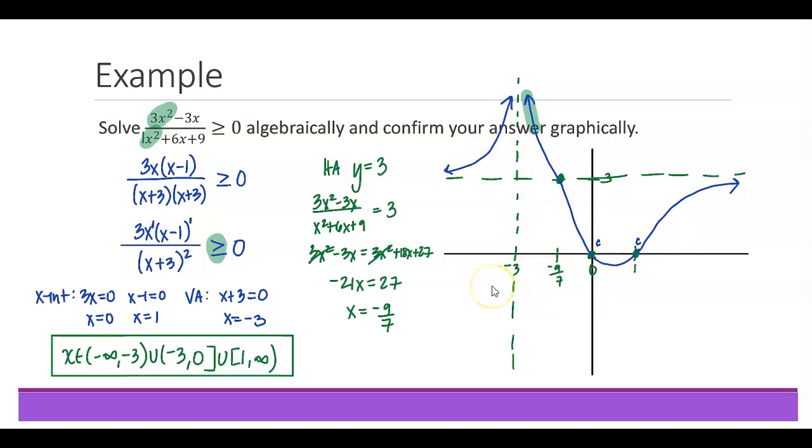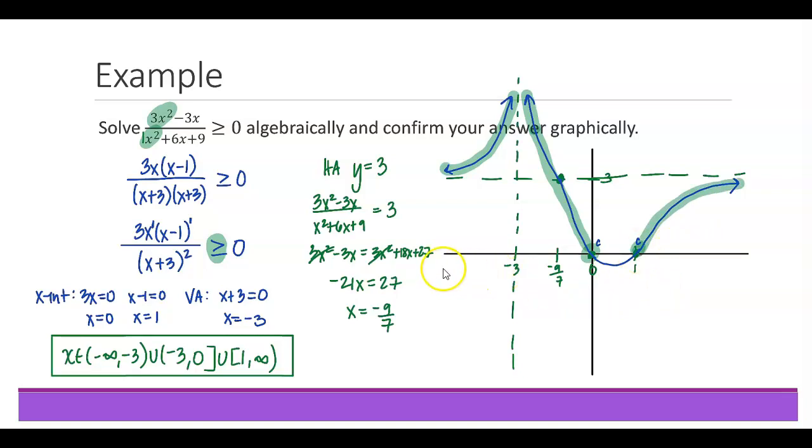And if we wanted to verify where this function is above or on the x-axis, I'm going to continue with my highlighting here. I'm above the x-axis from negative infinity to negative 3, from negative 3 to 0, and that's where I'm on the x-axis, and then on or above the x-axis from 1 onwards. Right?